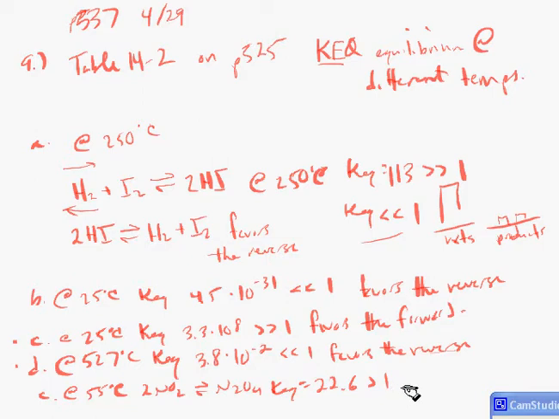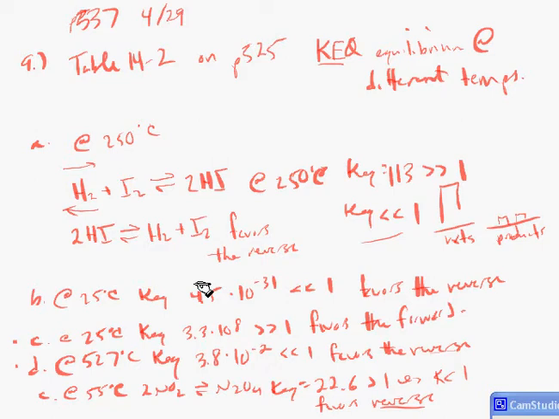But we want to know for the reverse process, for N2O4 forming 2NO2. So that means I'd have to flip this around and I would find that K is less than 1, which means this reaction favors the reverse process. Okay?